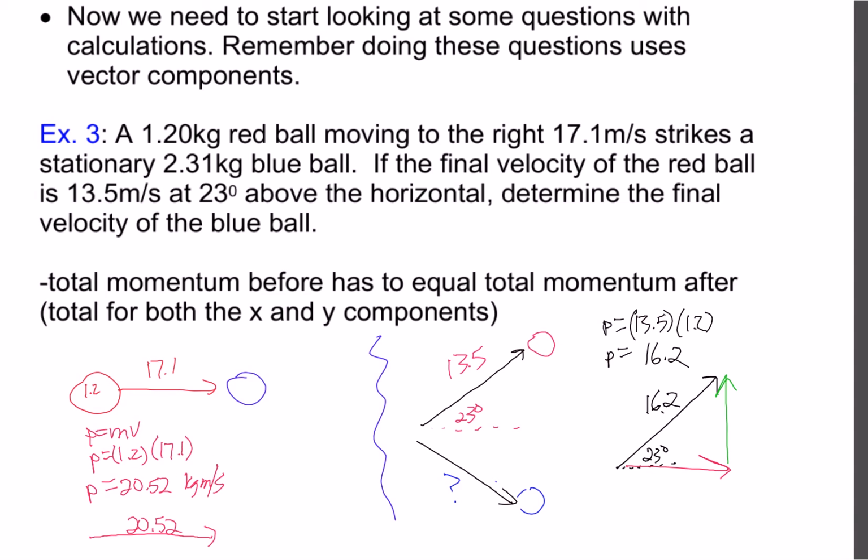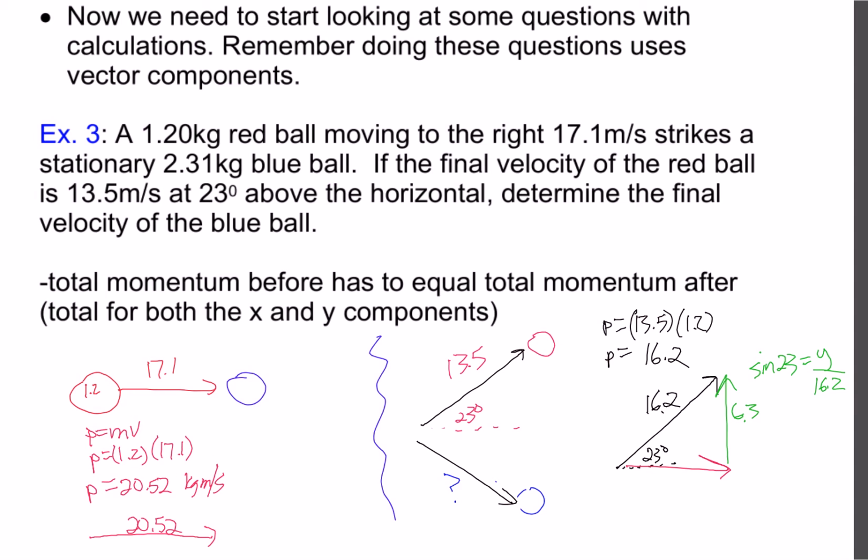Okay, so we need to calculate those. Just use regular trig. We'd have sine 23 is our y direction over 16.2, so we get an answer of roughly 6.3. Then we want to do the same thing for the x direction.